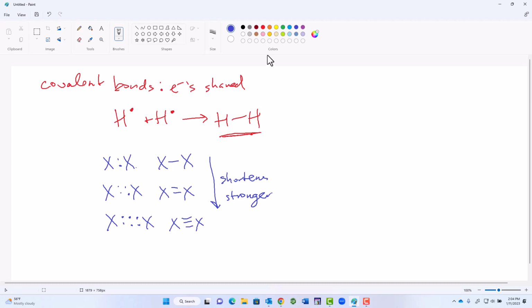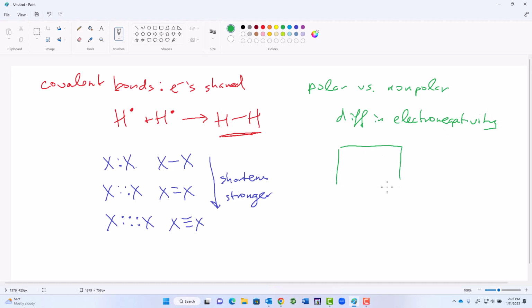Now there's two different kinds of covalent bonds. We have polar and we have nonpolar covalent. And this all depends on the difference in electronegativity. So remember, the trend in electronegativity, if this is a model of the periodic table, is going to go towards fluorine.